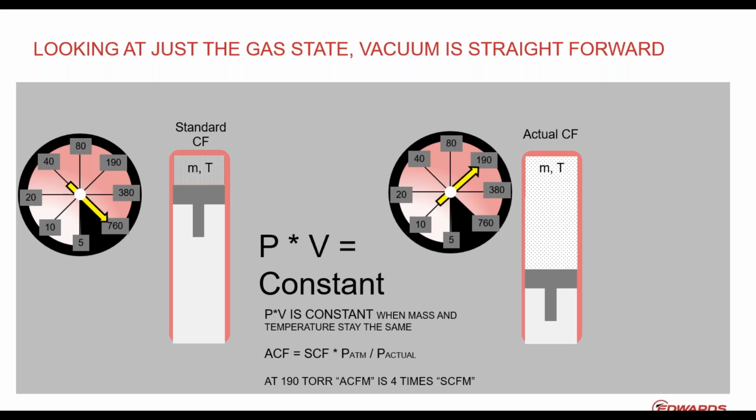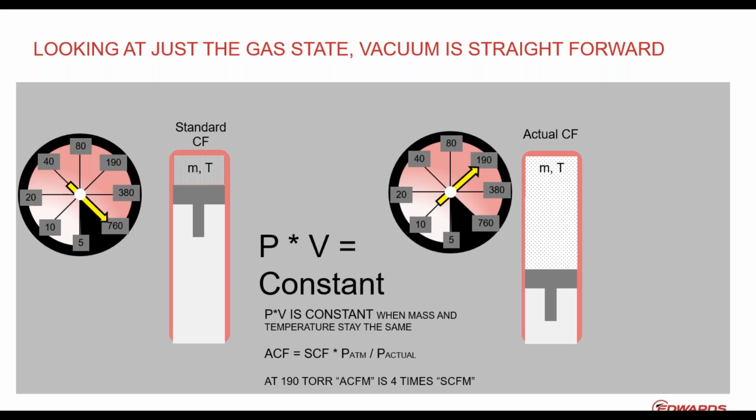If you move to the right, if you move the piston down, means you, in this case, quadruple the volume of that mass in that cylinder. You basically have cut the pressure to 1/4 of what it was before. I'll show you that first because it's pretty straightforward as long as you look at just the gas state.